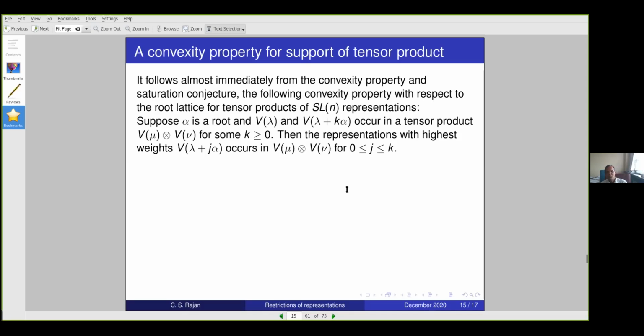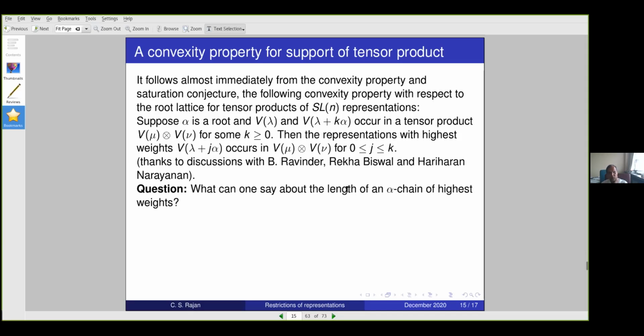Then the representation with highest weight lambda + J alpha occurs in V(mu) tensor V(nu) for 0 less than or equal to J less than or equal to K. So this is an immediate corollary that follows from this. Of course, this convexity property is interesting. It is like what is happening for the restriction to the weights. Yeah, as I said, it's thanks to discussions with Ravinder, Rekha Biswal, and Hariharan.